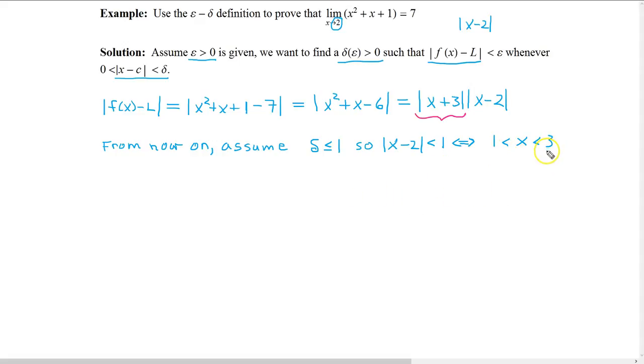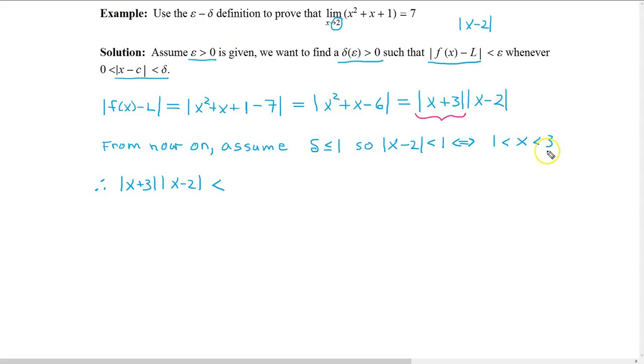Now this is going to allow us to find a bound on the x plus 3. If we assume our delta is always going to be chosen less than or equal to 1, no matter what epsilon is picked to be, then the x plus 3 times |x minus 2| is going to be less than, well, what's the biggest that x plus 3 could possibly be? x always has to be between 1 and 3.